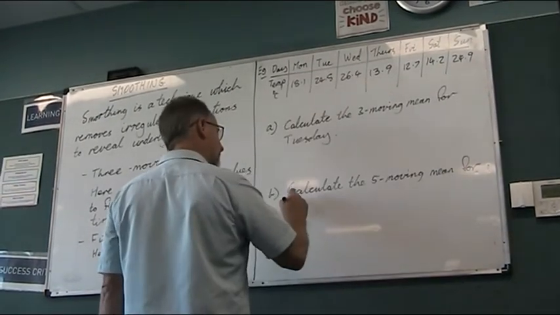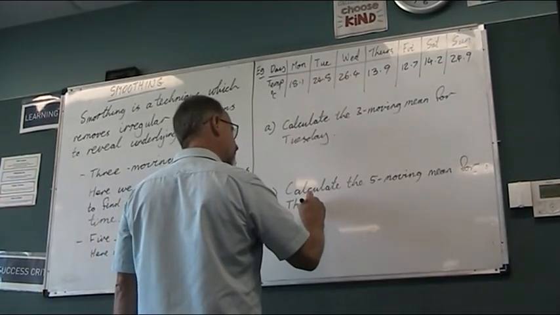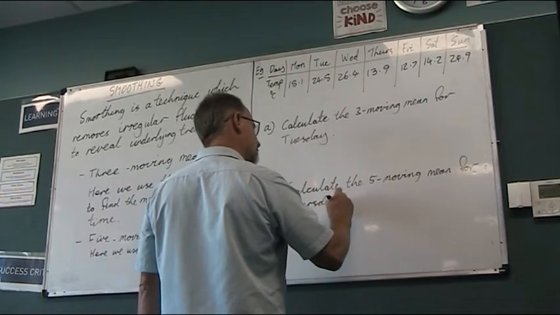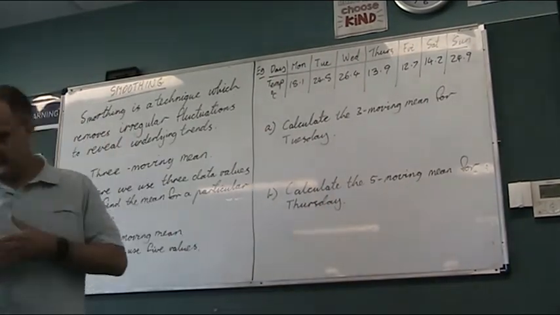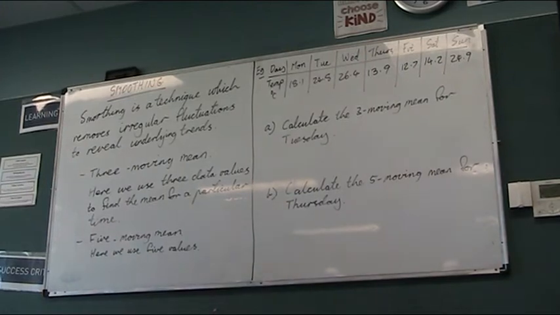The day we're going to do a 5 moving mean for is Thursday. We wouldn't actually be able to calculate a 5 moving mean for Tuesday. I'll explain why that is the case later.